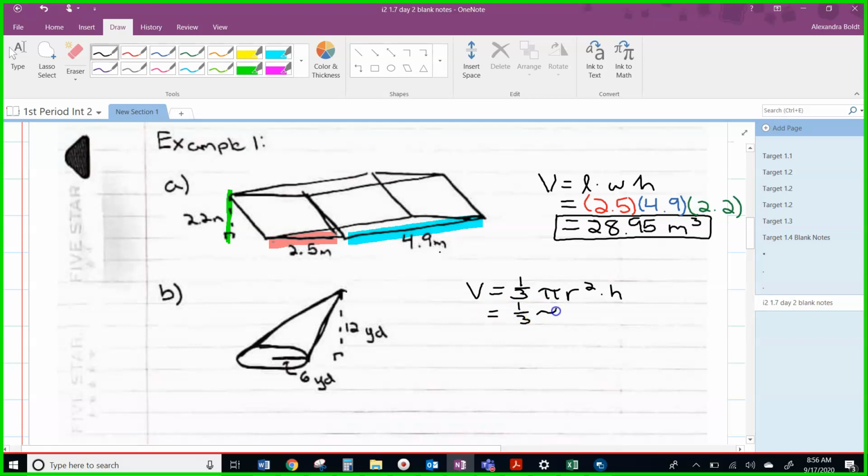So 1/3 pi. What is our radius? Our radius is down here. It already is half of my circle, so I don't have to cut it in half. 6 squared. And my height is this piece going straight down here, and that's 12.